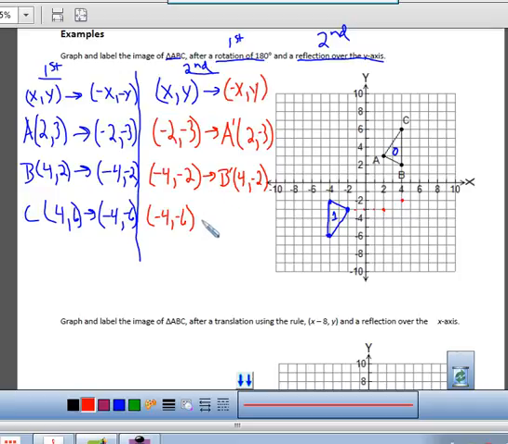And then C prime becomes (4, -6). So over 4, down 6, put a point. Now, finish your drawing. Label your points: A prime, B prime, C prime, and you are done.